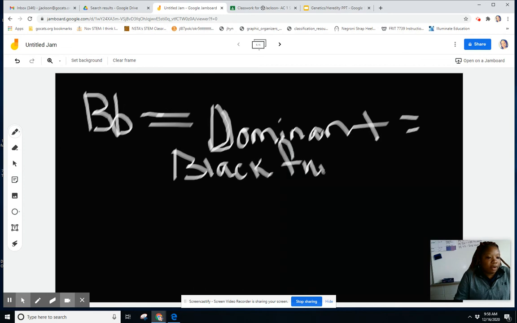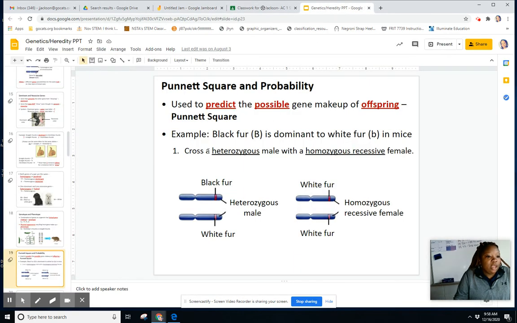Excuse my handwriting. All right, so next, we're going to do a cross between heterozygous male and homozygous recessive female. So what does homozygous mean? Homozygous means same. Recessive means lowercase letters.